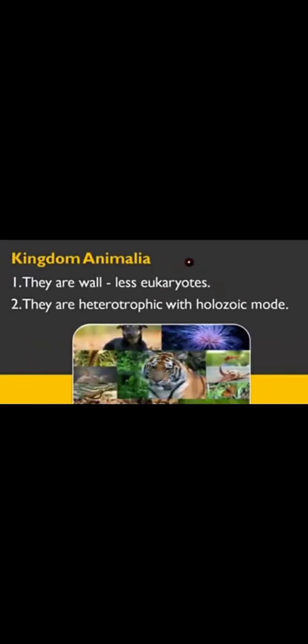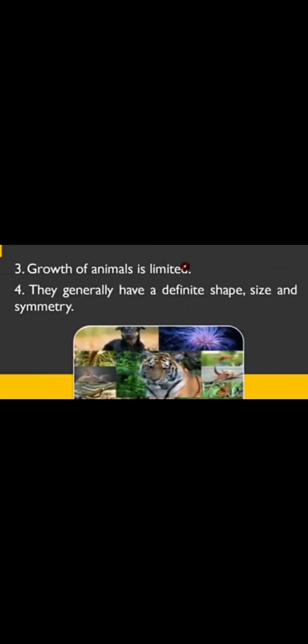Then comes another kingdom, kingdom Animalia. They are wall-less eukaryotes. They are heterotrophic with a holozoic mode of nutrition. Their growth is limited. They generally have a definite shape, size and symmetry.